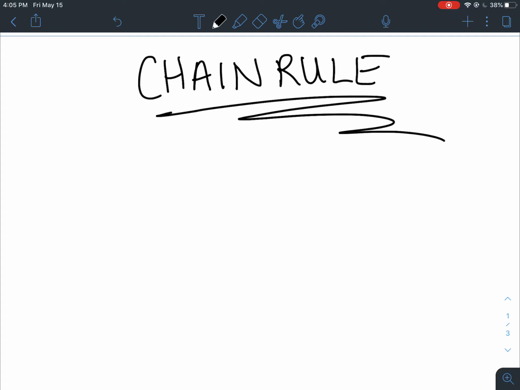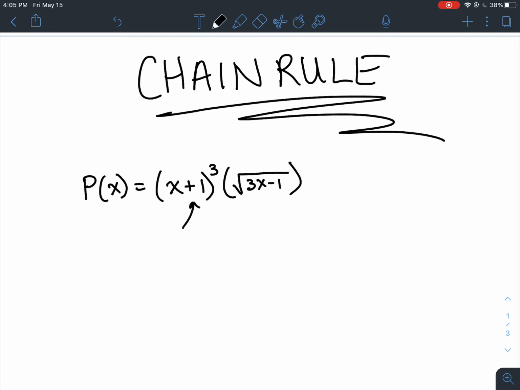What we haven't been able to do yet is figure out how to find the derivative of, for example, using the product rule, say we had x plus 1 cubed times 3x minus 1 square rooted. We want to use the product rule, but it turns out we have functions within functions here. Here we have a cubic function, but inside it's a linear function.